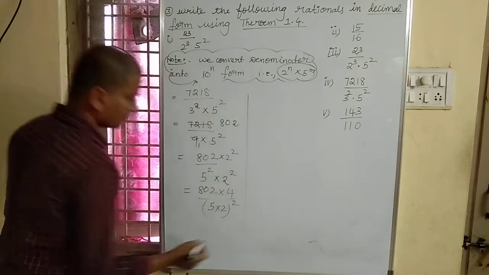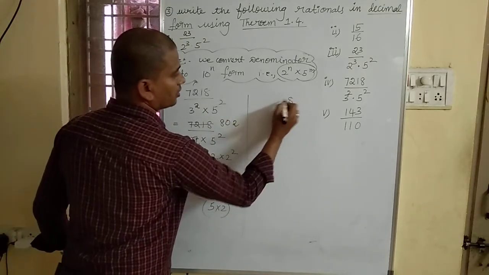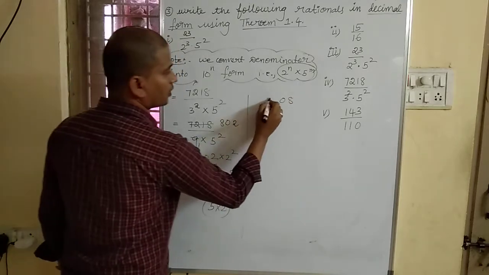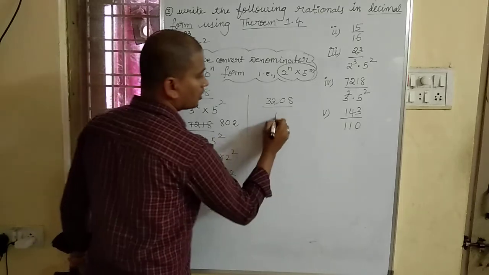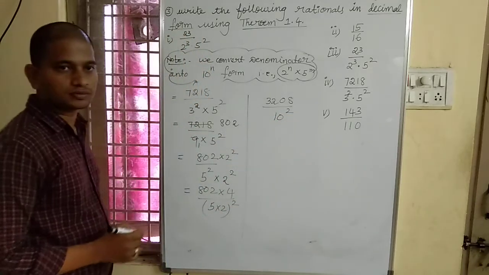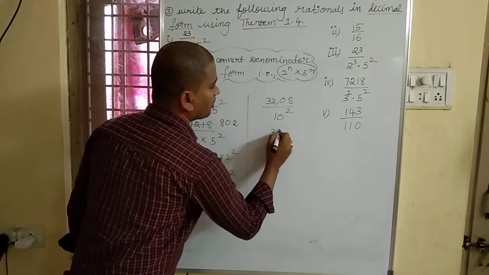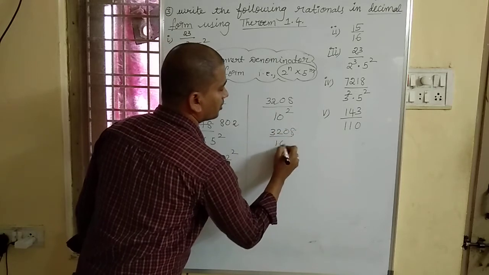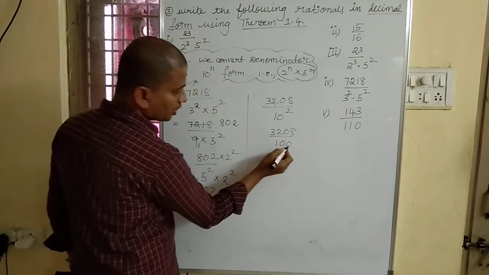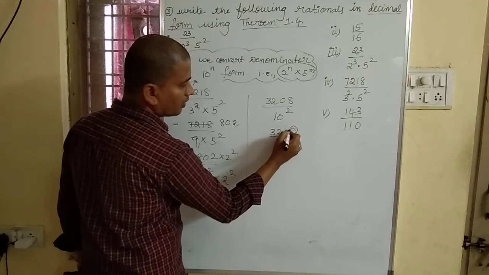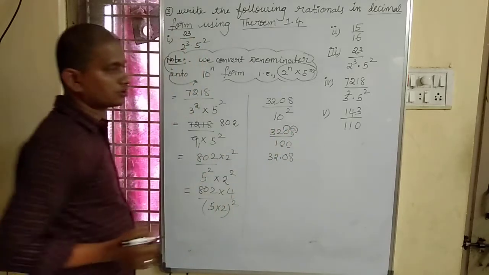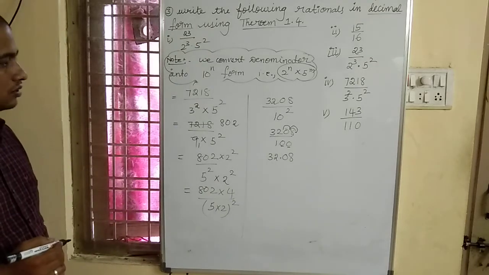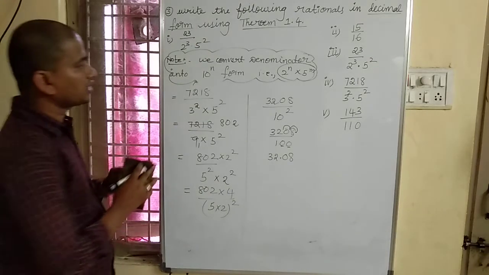So multiplying 2 4s are 8, 4 0s are 0, 4 8s are 32, divided by 5 2s are 10 square. So 10 square is nothing but 100. We have 2 zeros here. Shift 1, 2. It will become 32.08. Got it?